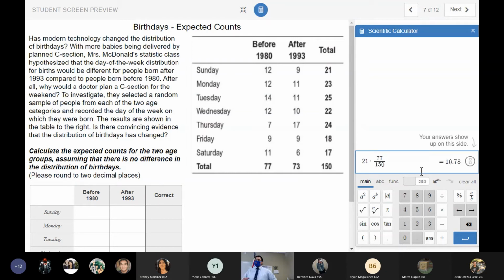We can type it in just like this in the calculator, just the way that it shows up. Because multiplication and division are the only two operations going on, this works out just fine this way. We don't need parentheses or anything. So then, for example, the first expected value for before 1980 and on Sunday is 10.78.